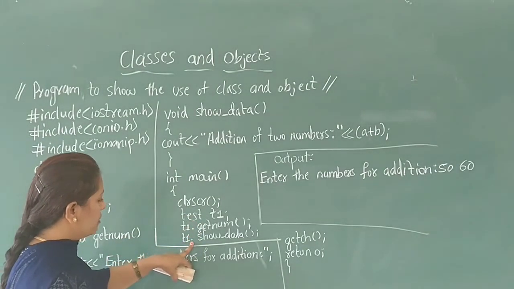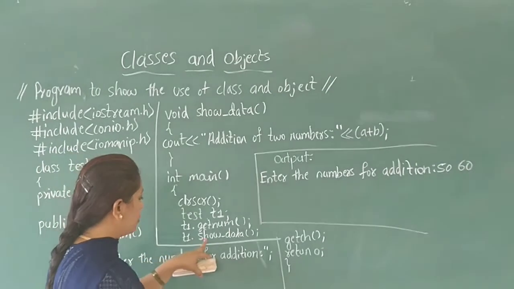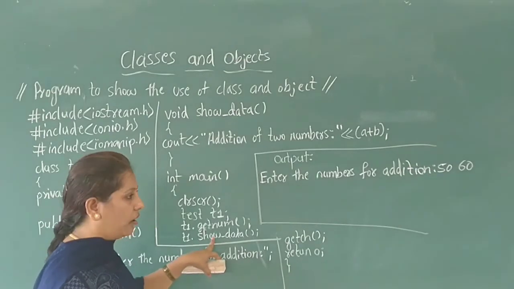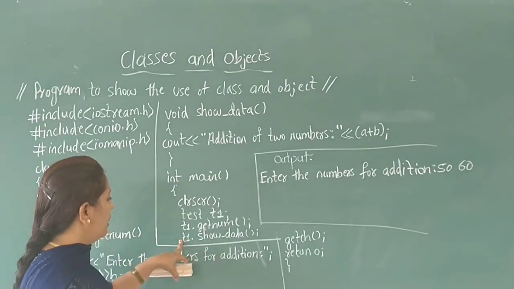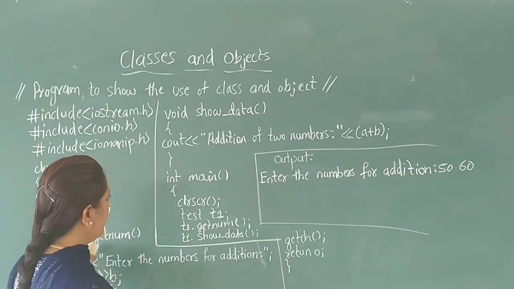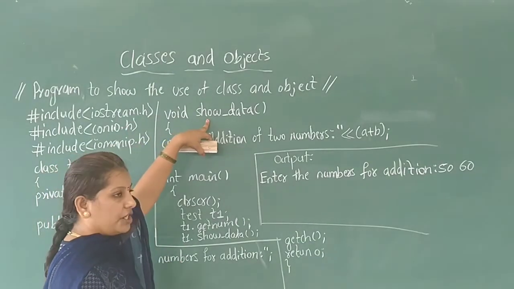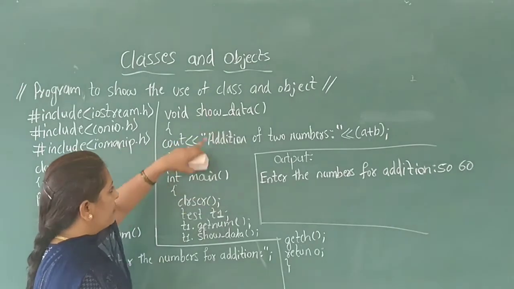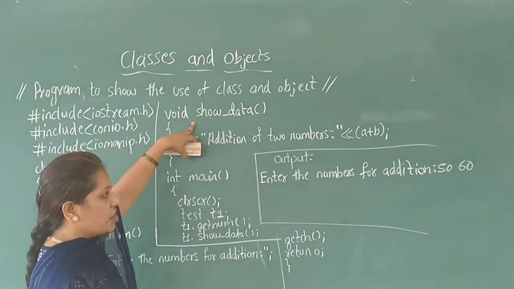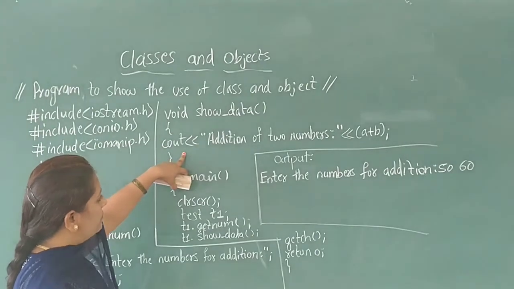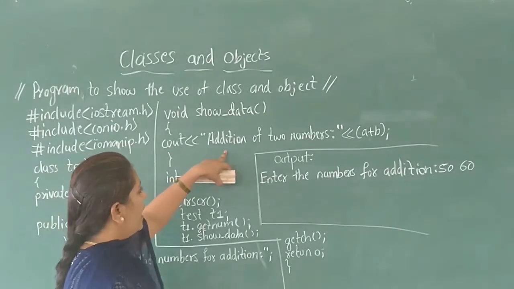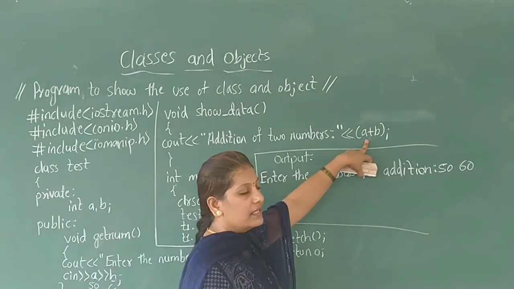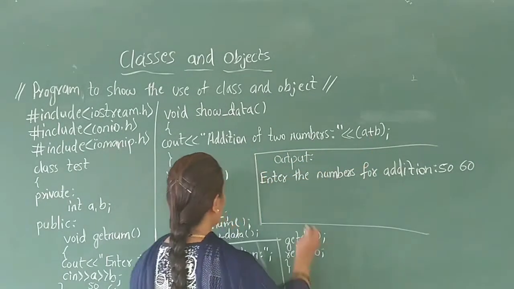Then the next statement, T1 dot show data. The next member function is called using the object T1. Then control directly connects to the show data function where it is declared and defined in the program. In this function, one statement is defined, that is addition of two numbers, and the operation is addition.